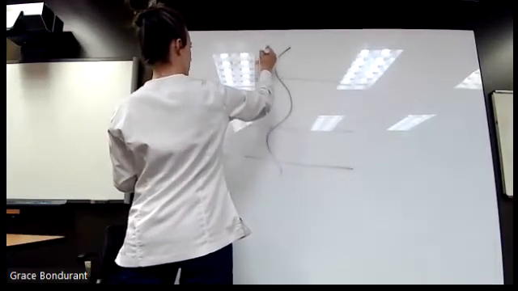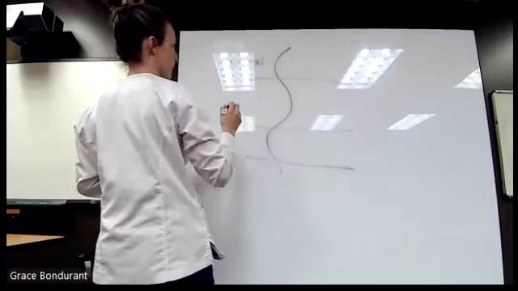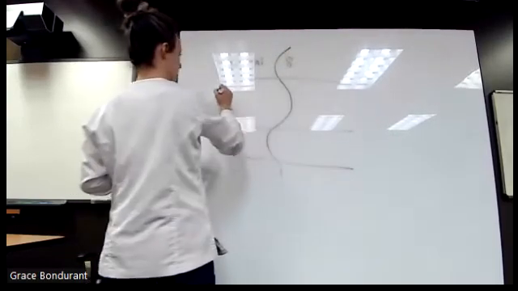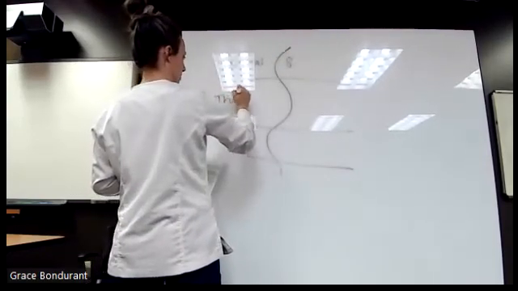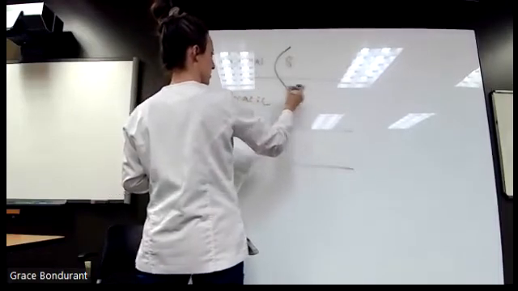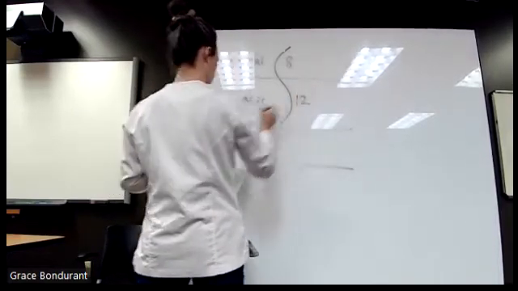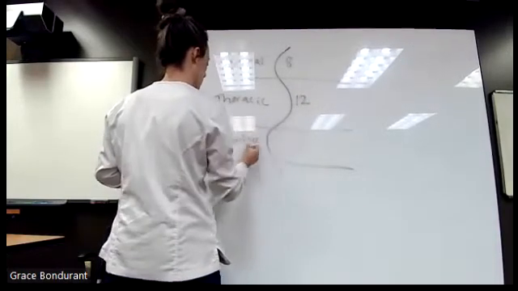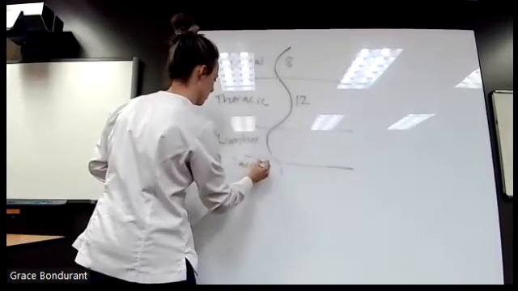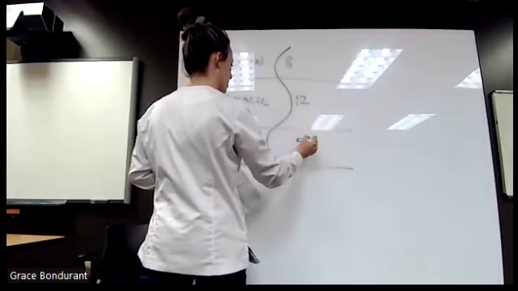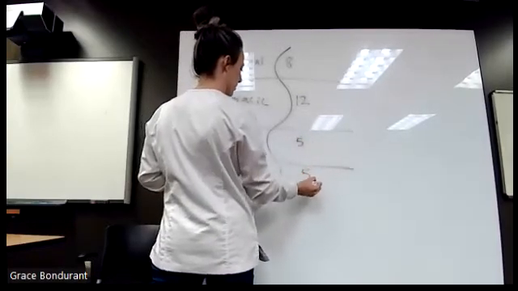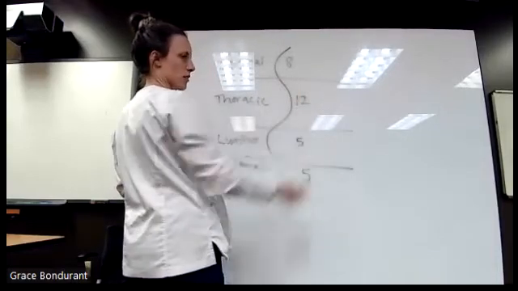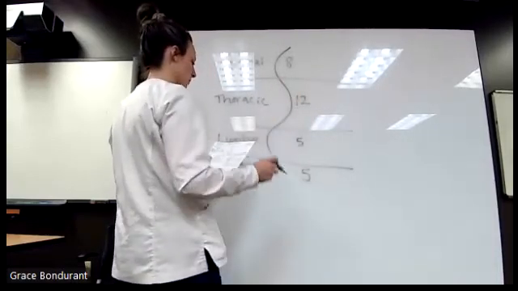Do you know how many nerves are in it? 8. And then the next one is thoracic. Do you know how many nerves? 12. Lumbar and sacral. Do you know how many each of those have? 5, yeah, 5 each. I don't know if they taught you this or not, but the easy way to remember is breakfast, lunch, dinner: 8, 12, and 5.